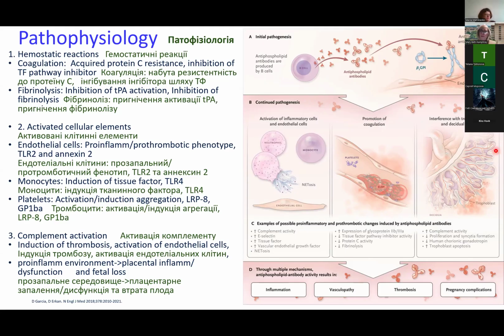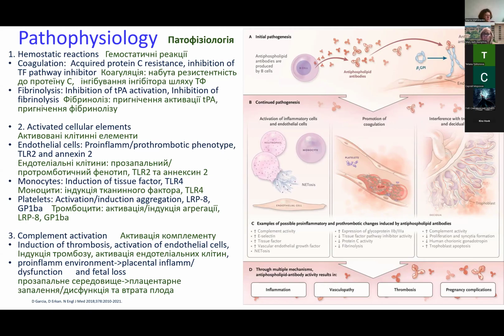And if it's in the placenta, then it can lead to basically problems with the trophoblasts, and you get complement activation, and then netosis around the trophoblasts, and that leads to degeneration or apoptosis of the trophoblast, so the placenta becomes insufficient.